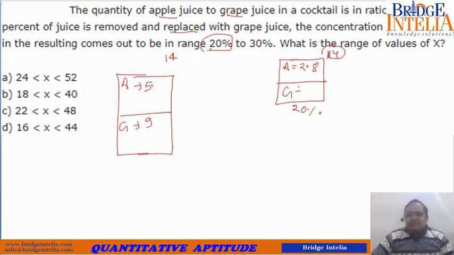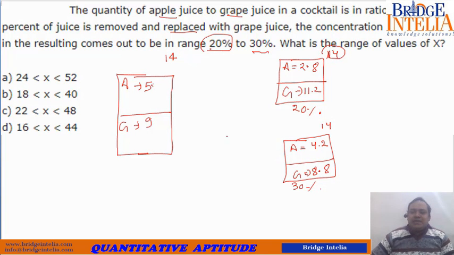Grape would be the remaining portion, so 11.2. In case you want to create a solution which contains 30% apple, the volume would still be the same. So apple would be 30% of 14, that is 4.2. Grape would be the remaining portion.